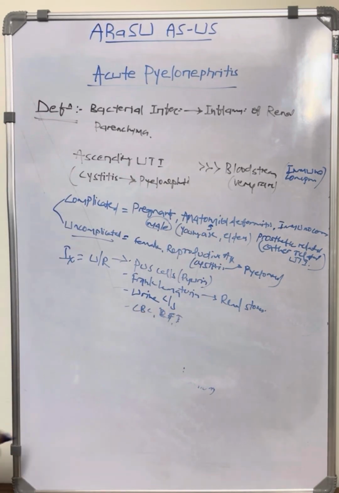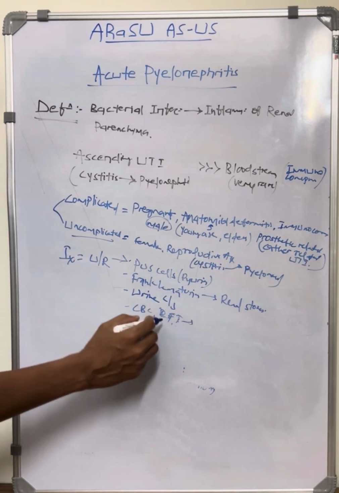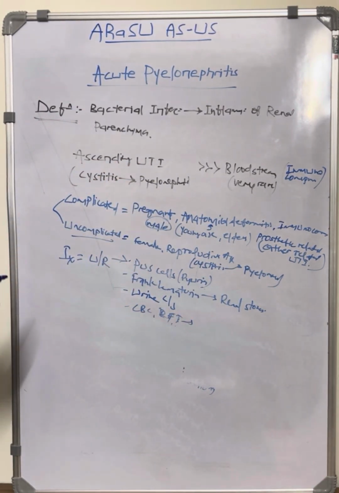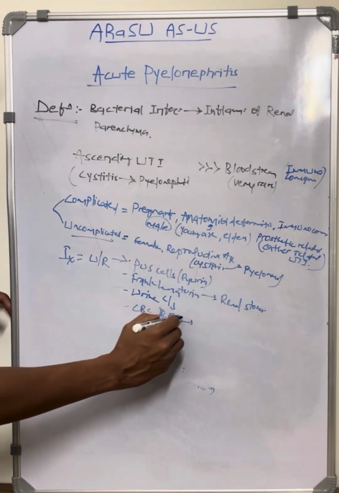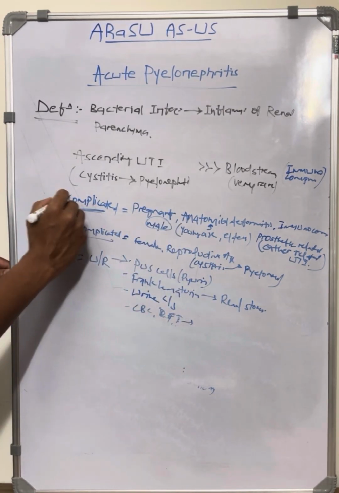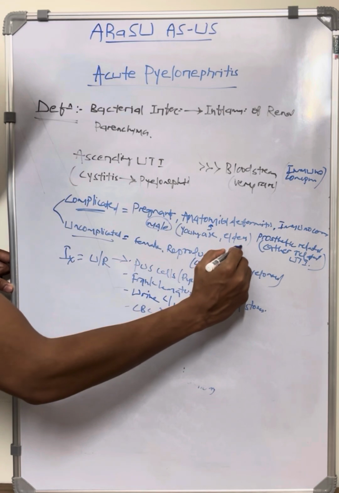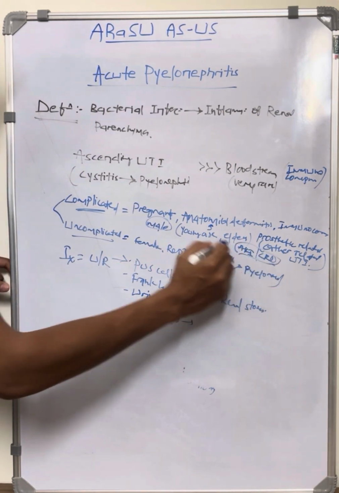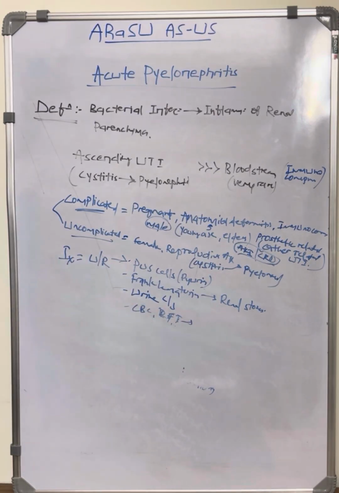Why is RFT important? Because suppose there is acute kidney injury, or the individual is already a known case of chronic kidney disease, both are considered as complicated. So one more point to add is any AKI or CKD patient comes under the complicated group. That's why RFT is very important.